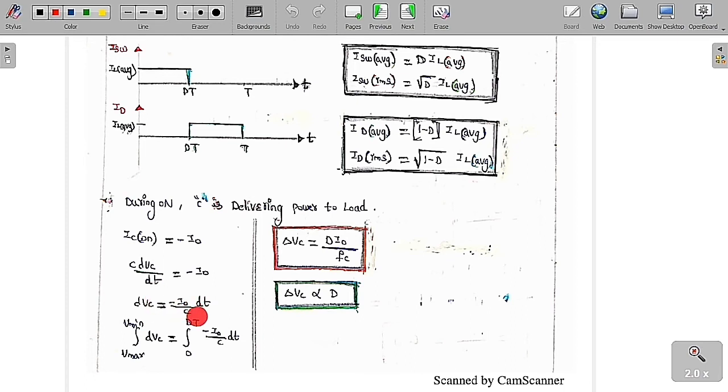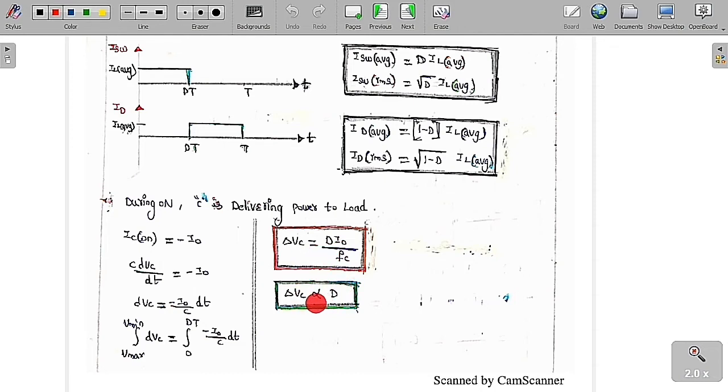So dVc is equal to minus I naught by C into dt. So it is going from maximum to minimum value. So maximum to minimum dVc is equal to from 0 to dt, minus I naught by C into dt. So if you solve this one, we are going to get finally delta Vc is equal to D into I naught by Fc. Delta Vc is called a maximum value minus minimum value, Vmax minus Vmin. So you can say clearly delta Vc is directly proportional to D.